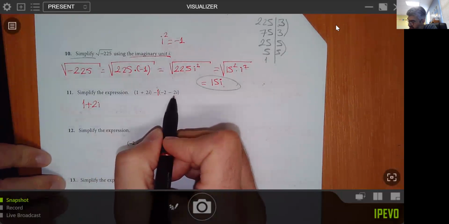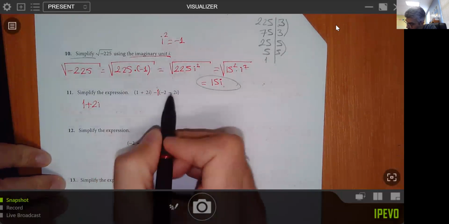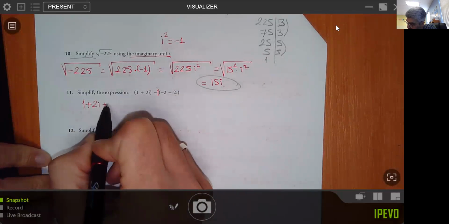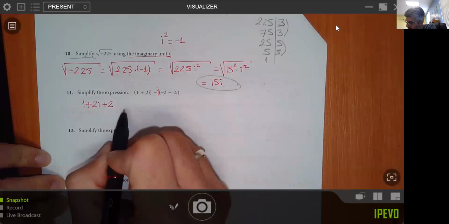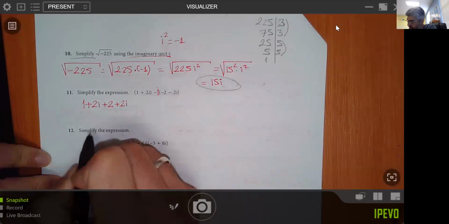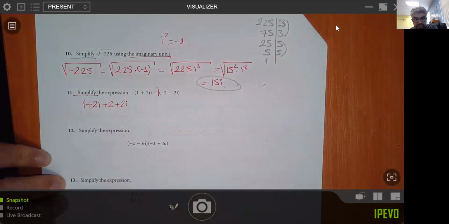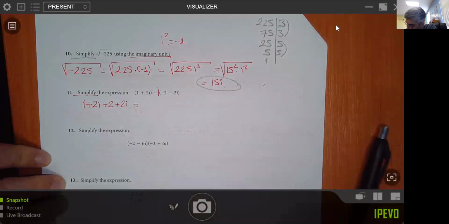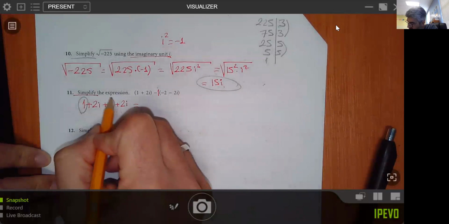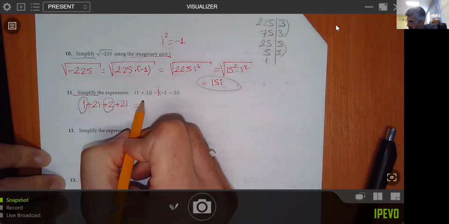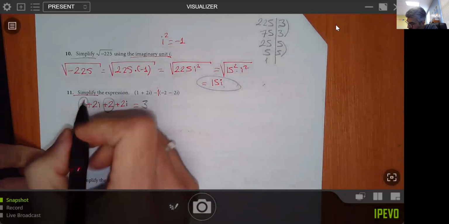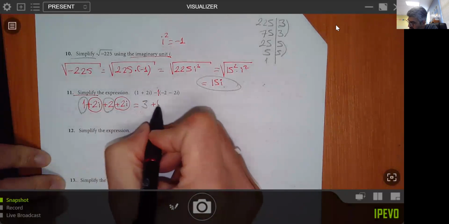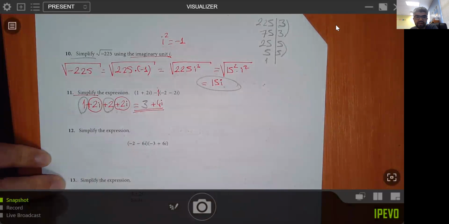It's just like distributive property of -1. And -1 times -2, it's +2. -1 times -2i, it's +2i. Again, we are looking to simplify. So we have to combine the real parts, 1 plus 2, which is 3, and the imaginary parts, plus 2i, it's plus 4i. This is the final answer.